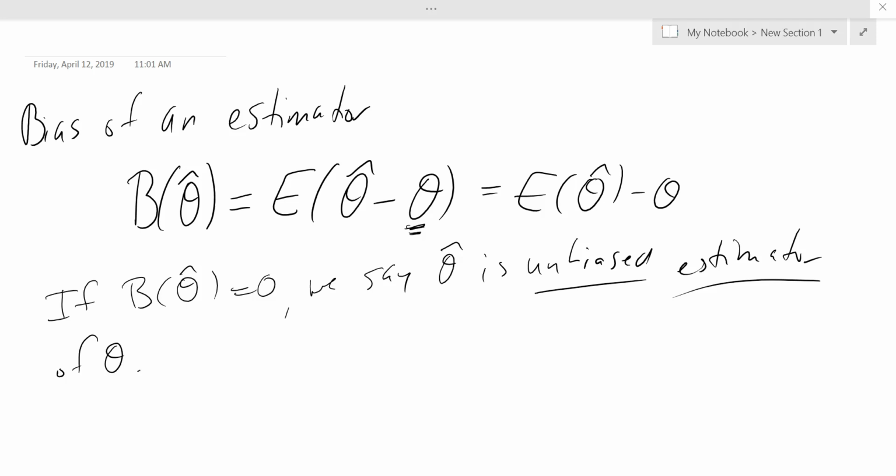We've seen lots of examples of estimators and trying to make them unbiased. Probably the biggest one is the idea of using the sample variance as an estimator for the population variance, and why we divide by n minus 1 rather than n. Because when we went through the expected value, we got n minus 1 rather than n, so we had to divide by n minus 1 so we could cancel that out.